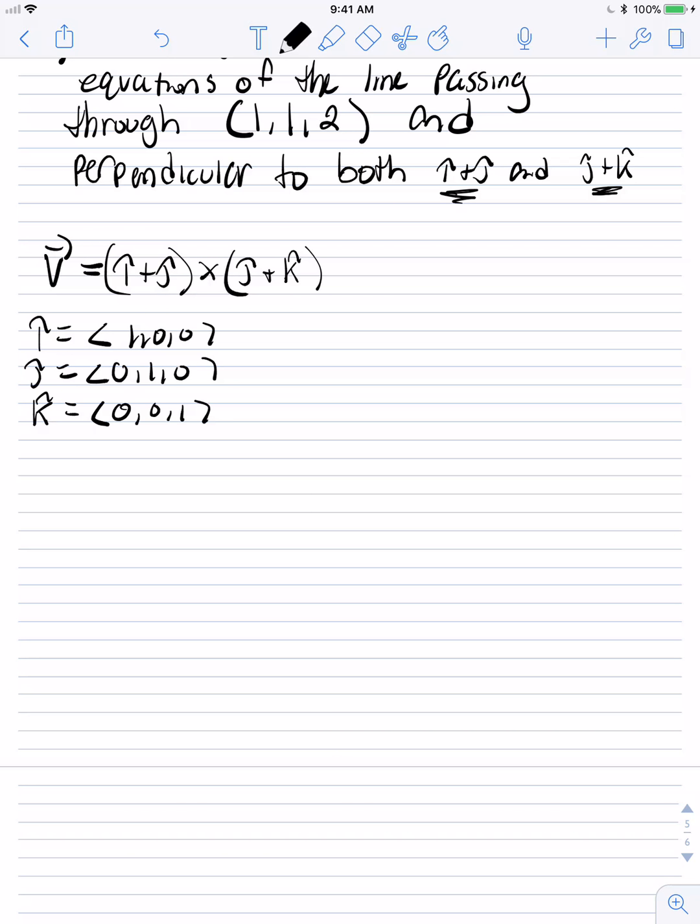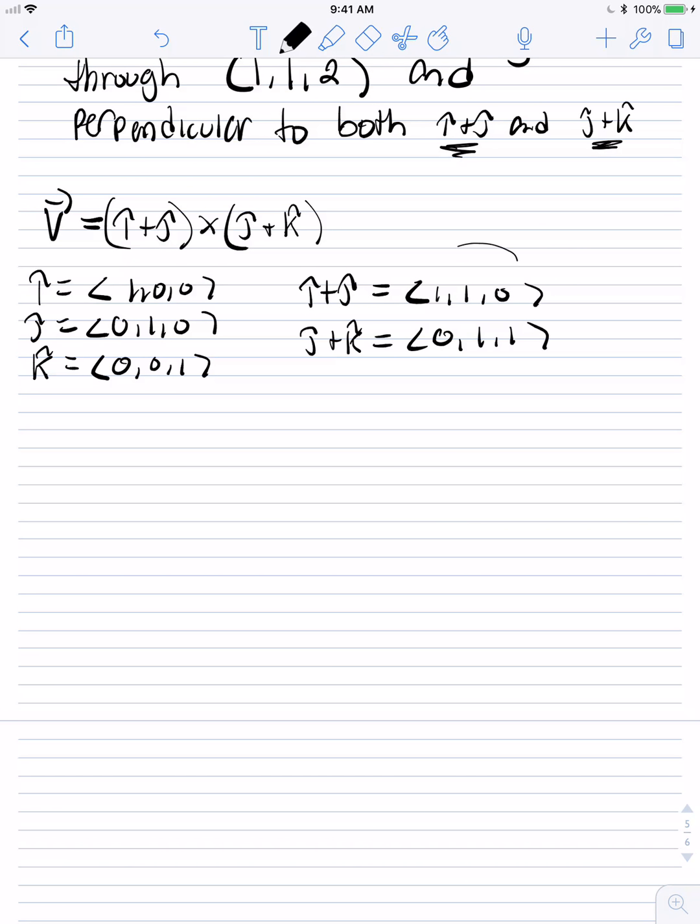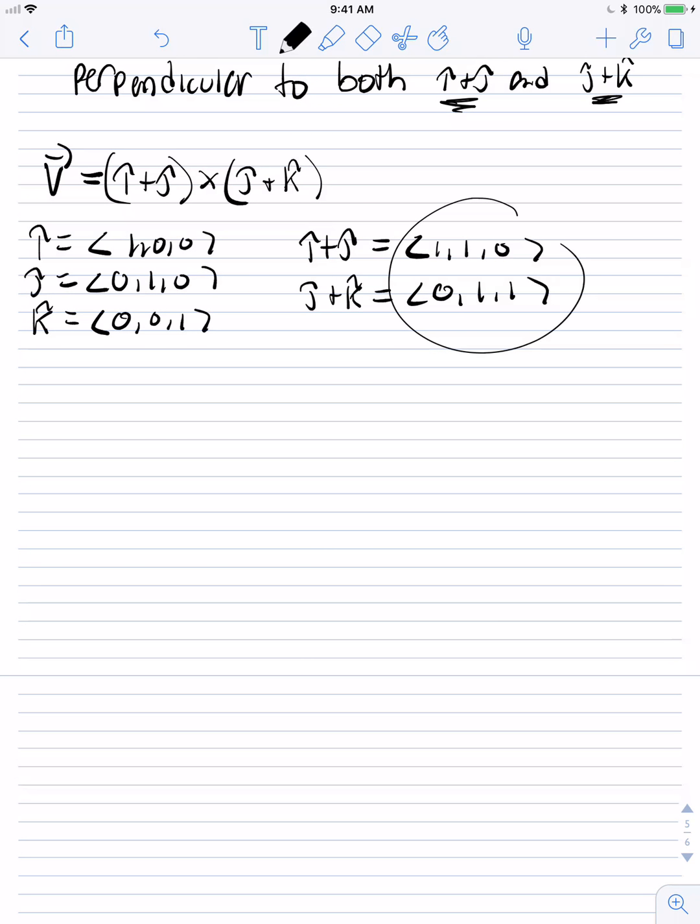So i plus j hat would be the vector (1, 1, 0), and j hat plus k hat would be equal to (0, 1, 1). Now to get the v vector, we're going to cross these two.